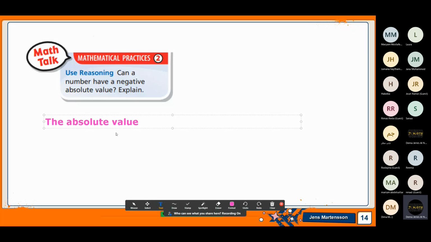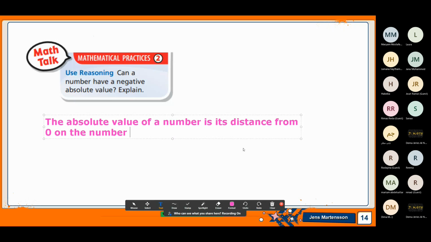value of a number is its distance from 0 on the number line.